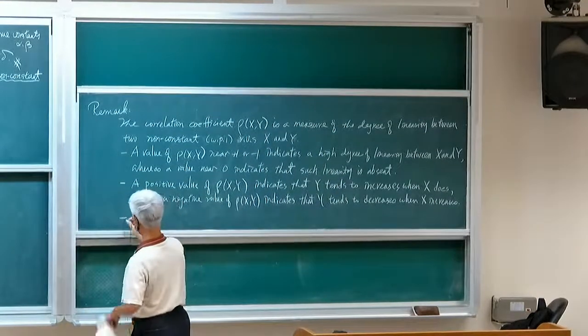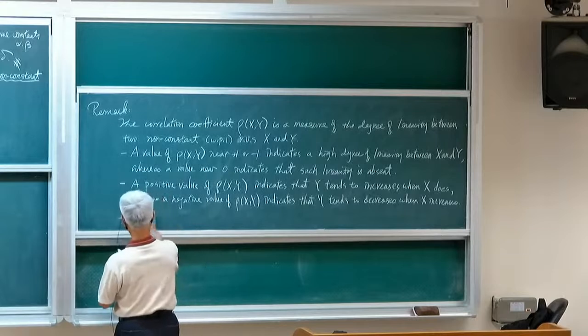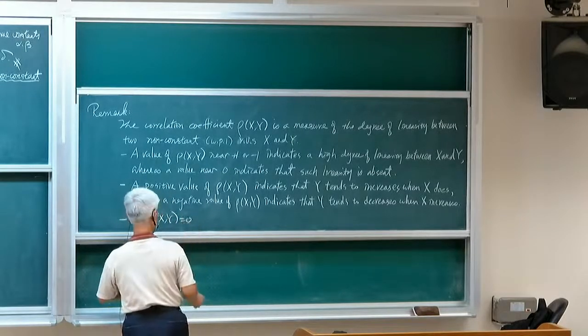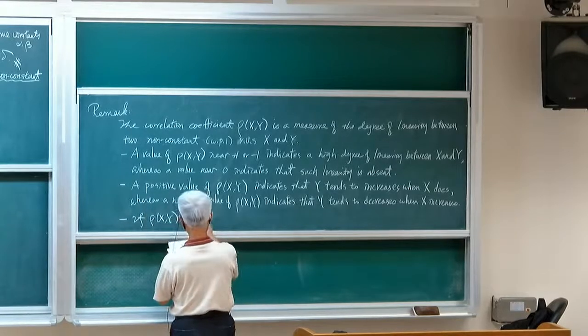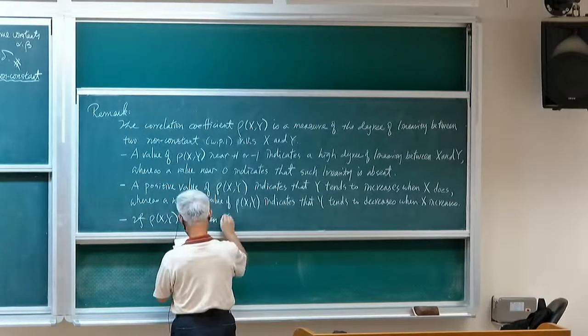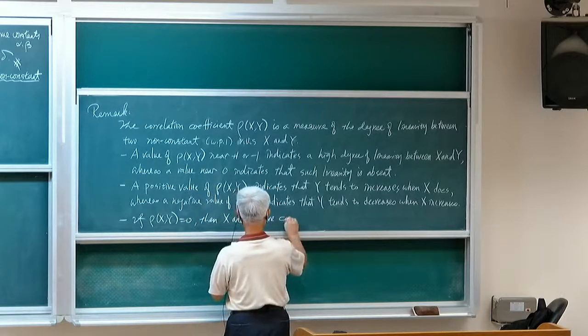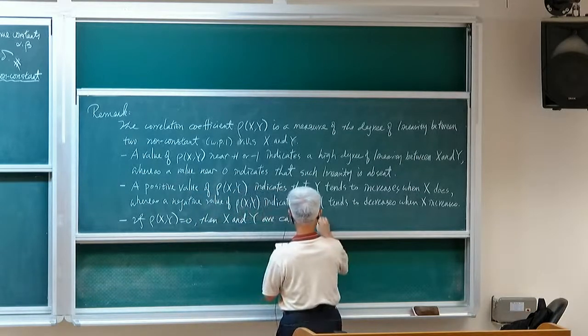Of course, last one is that if the correlation coefficient is 0, then we know X and Y are called uncorrelated.